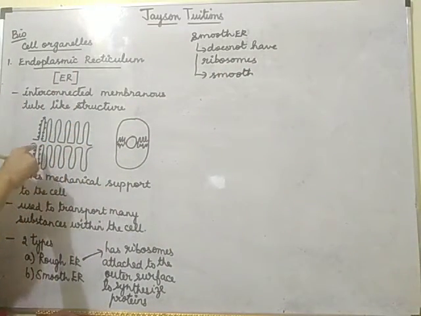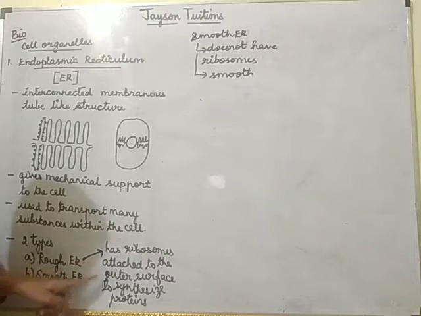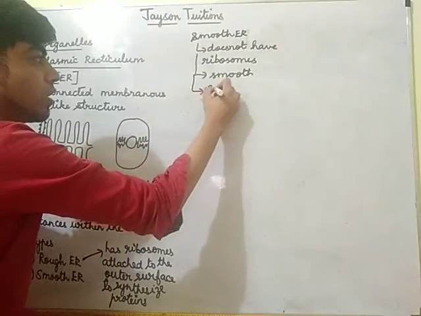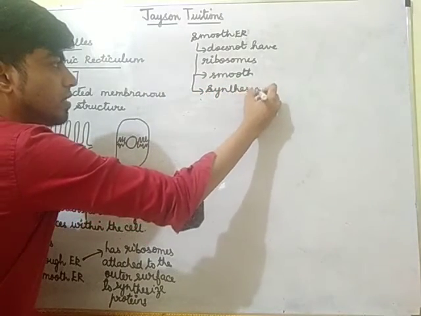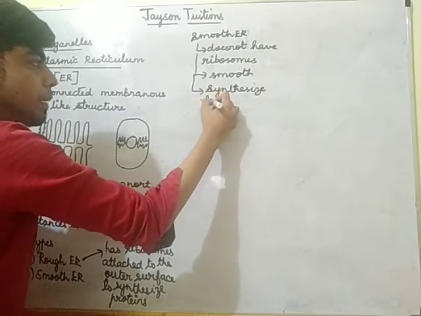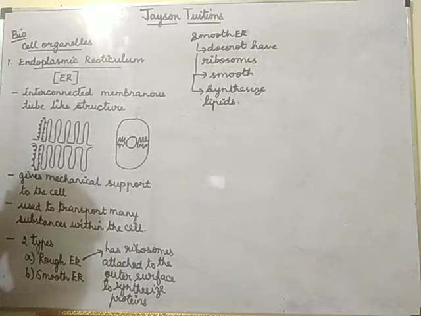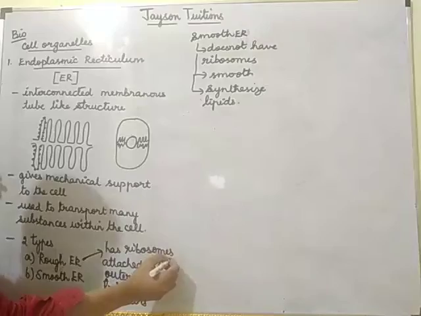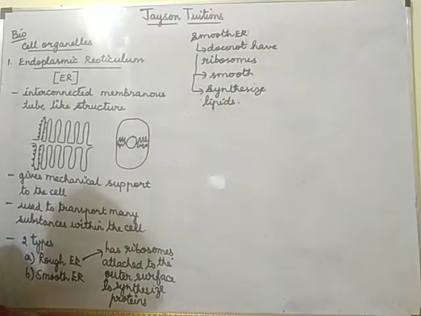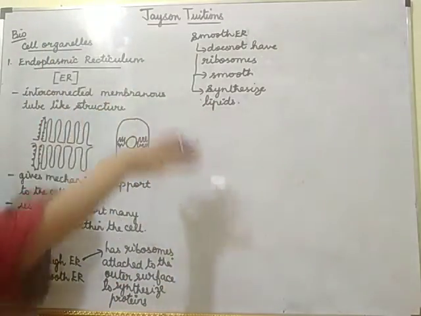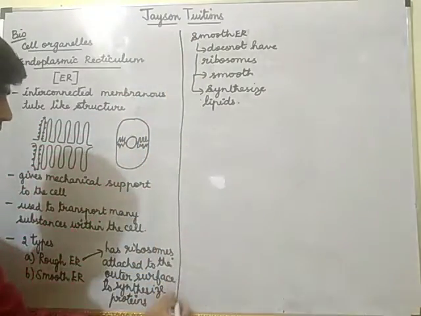There will not be any dot-like ribosomes present. The rough endoplasmic reticulum synthesizes proteins. The smooth endoplasmic reticulum synthesizes a substance called lipids. I hope you understood what the endoplasmic reticulum is. Ribosomes, lipids and all we will study later. First, just understand what an endoplasmic reticulum is.